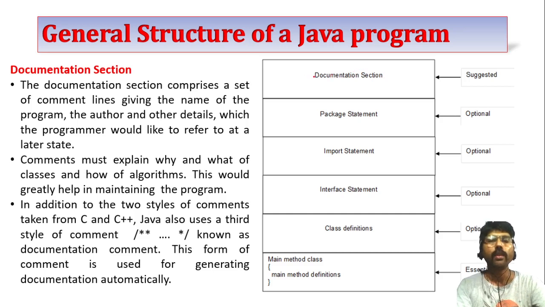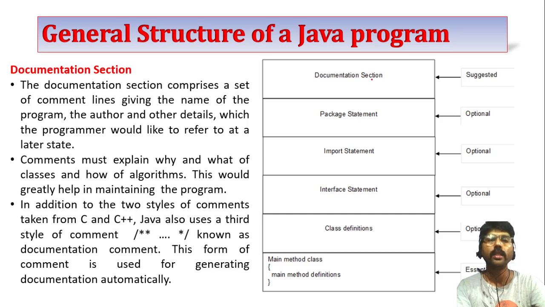This comment contains the author name, who wrote this Java program, when it was created, when it was modified, what the different classes available are, and the importance of those classes. All the brief information about that program is written at the top of the program. That is called the documentation section.